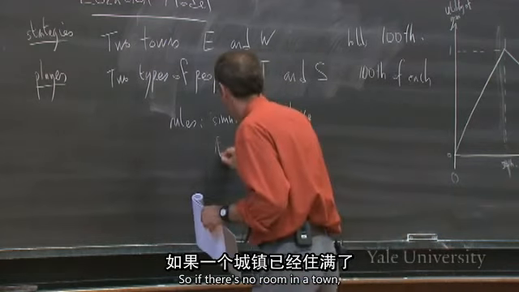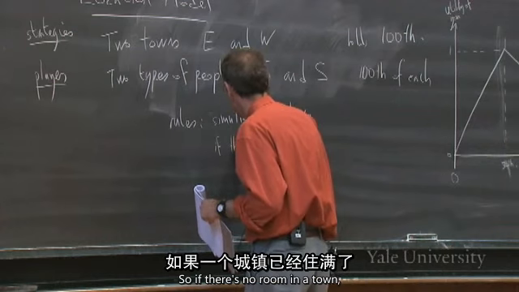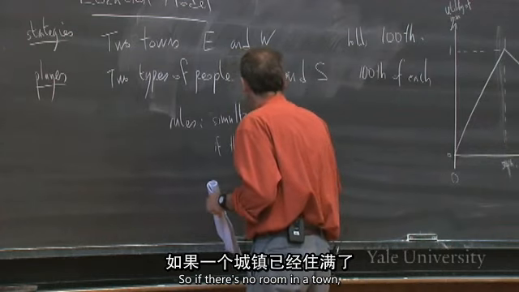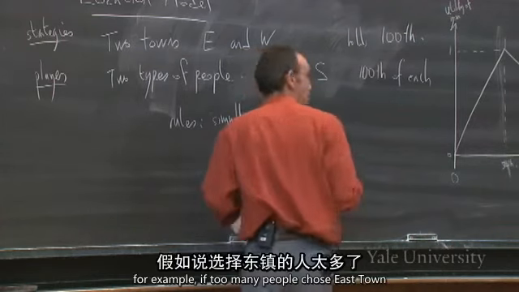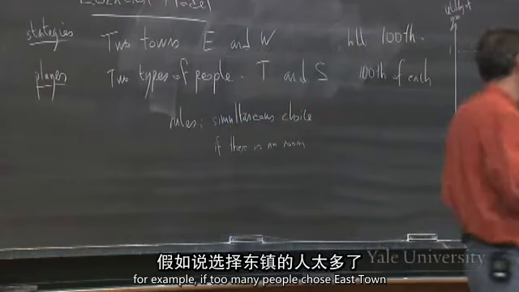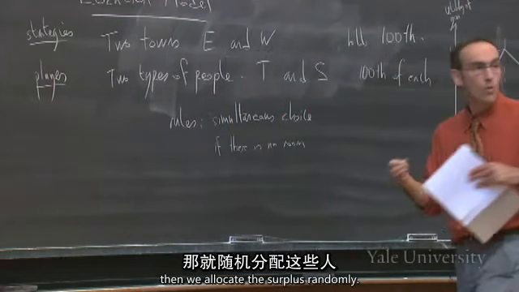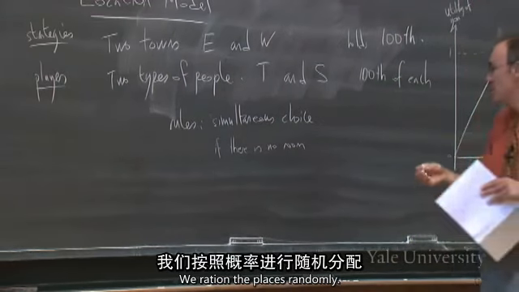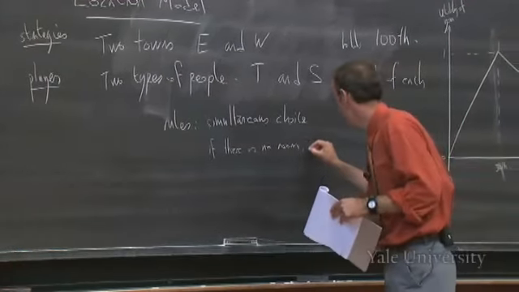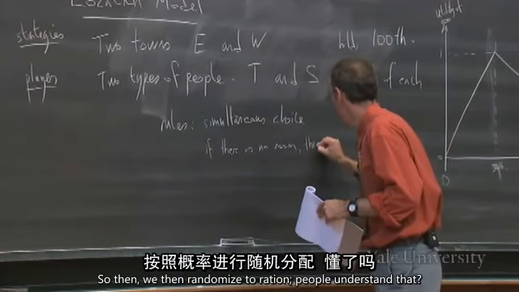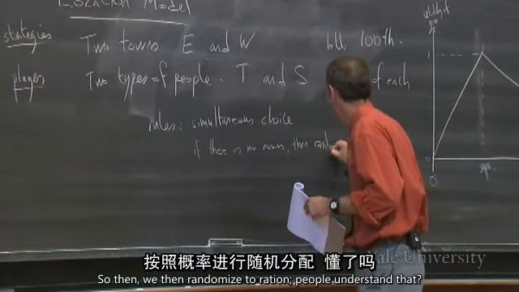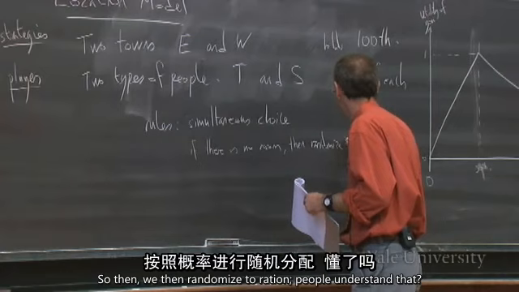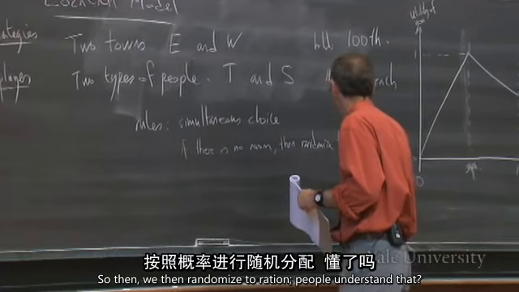If there's no room in a town, for example, if too many people chose East Town, then we allocate the surplus randomly. We ration the places randomly. People understand that?